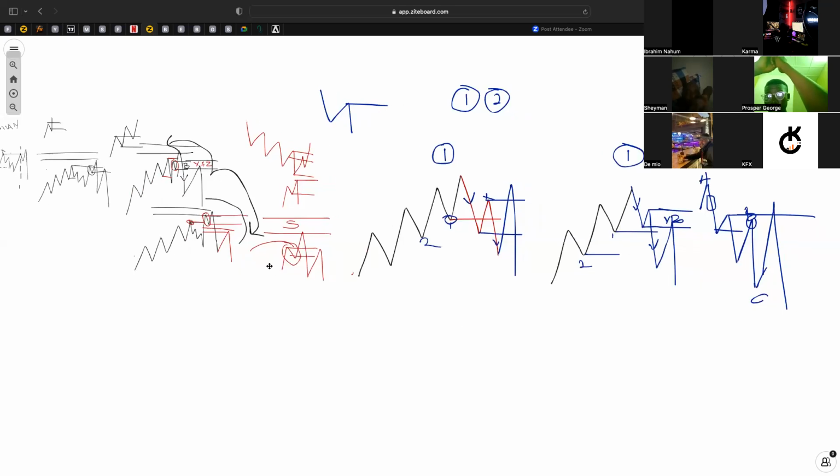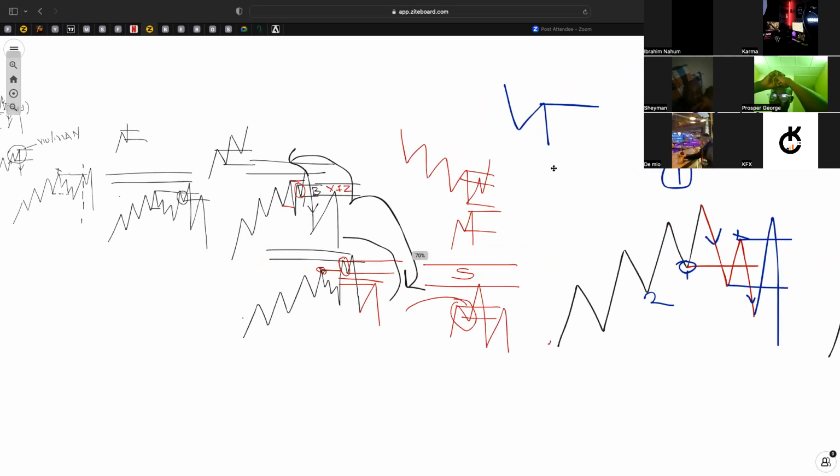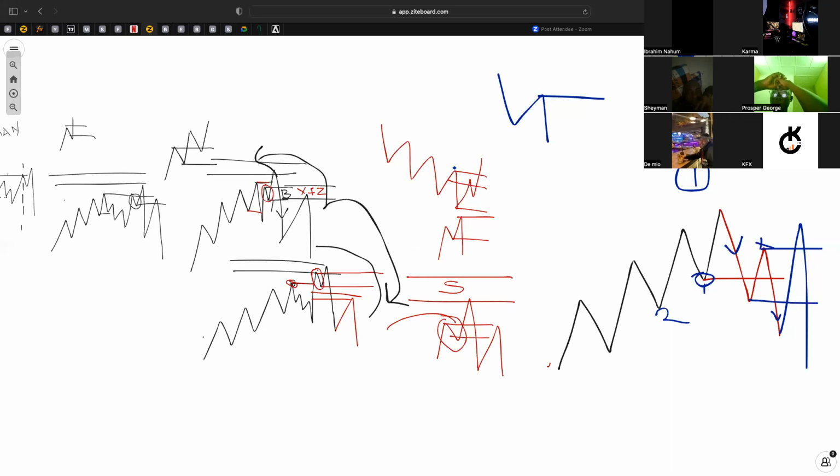So in summary, I have now explained the immediate base. This is what we call immediate base. What is an immediate base? These are bases that happen in the immediate structure. Simple English, immediate. But the main problem we have is, how did he know that this price is going to return from here?